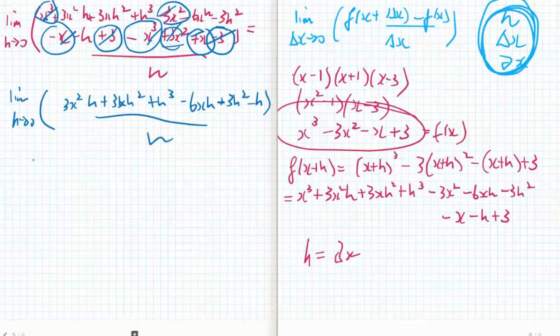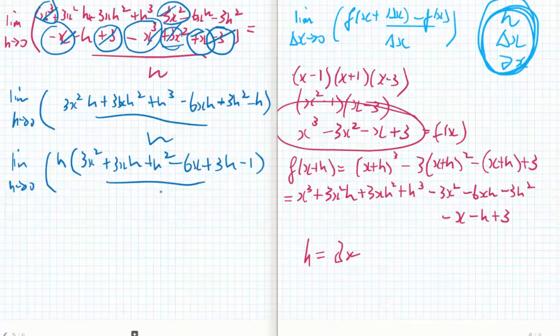The limit as h goes to 0 of, taking a common factor of h out, 3x squared plus 3xh plus h squared minus 6x plus 3h minus 1, all over h.